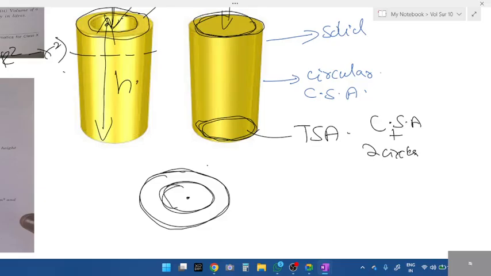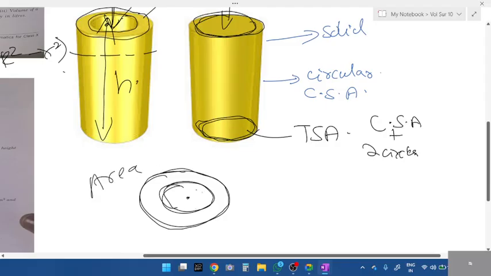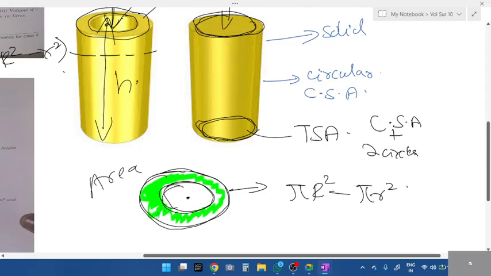In that, just cut one slice of circle, you'll get this part, a small ring kind of thing. If you want to find the area of this, we know there are two circles. For the bigger circle, the area is pi capital R square, minus for the smaller one, pi small r square. If you subtract it, you'll get this part. This green part is called area of cross section.